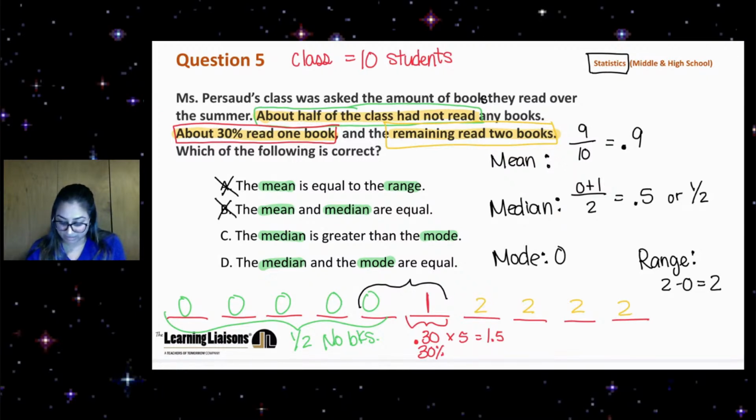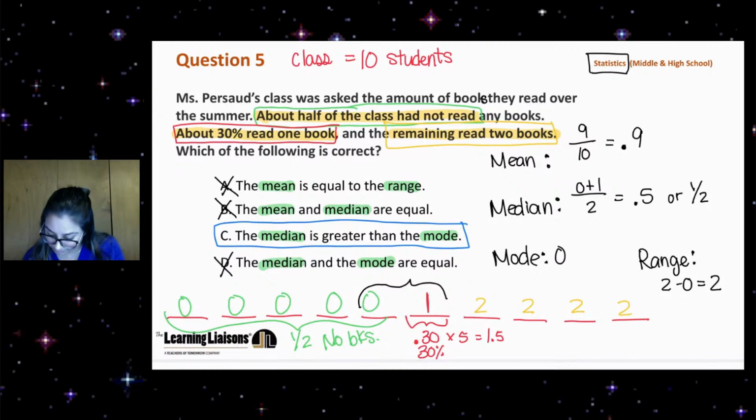The median is greater than the mode. Well, that's 0.5, which is greater than 0, so maybe. The median and the mode are equal. Well, the median is 0.5 and the mode is 0. So winner, winner, chicken dinner. C. The median is greater than the mode.